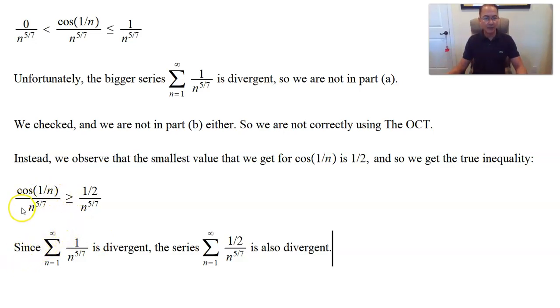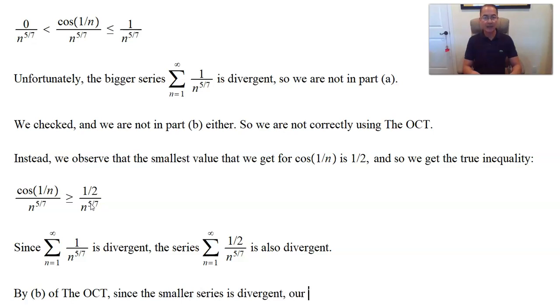We have come up with a smaller series which is divergent. So we are now correctly in part B of the OCT. By part B of the OCT, since the smaller series is divergent, our series is also divergent.